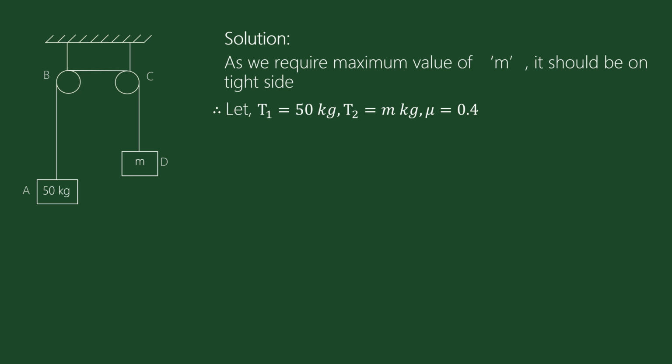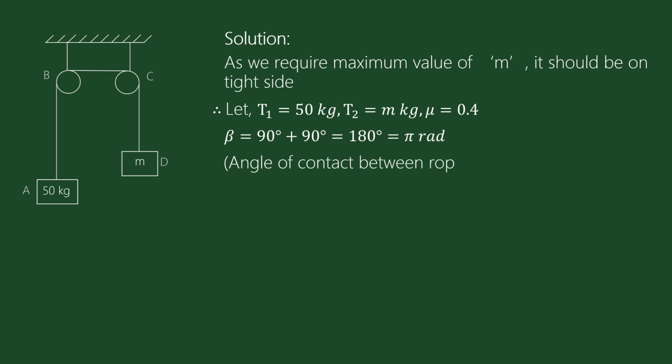Since we are considering the complete example, we can take total beta as 90 plus 90, that is 180 degrees or pi radian. So the angle of contact between the rope and the two rods can be directly combined in terms of pi radian.